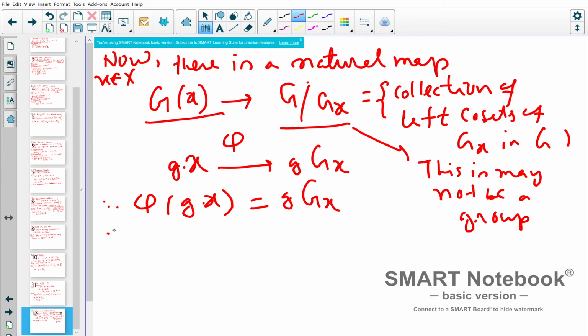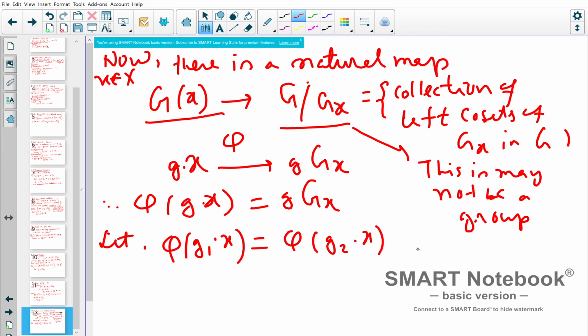To prove something is injective, what do you prove? You start with phi of g1 dot x equal to phi of g2 dot x, for some g1, g2 belonging to G and x belonging to X. X is given already. What does that mean?